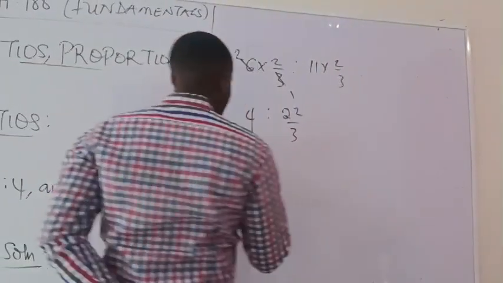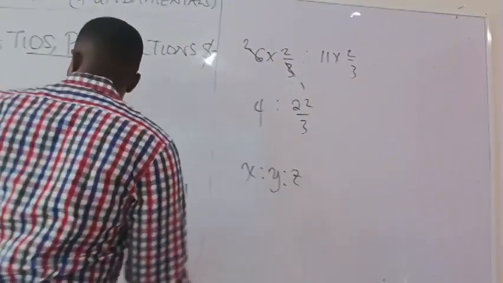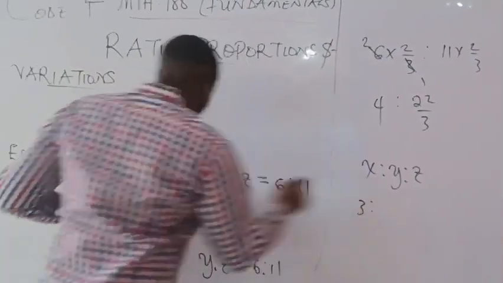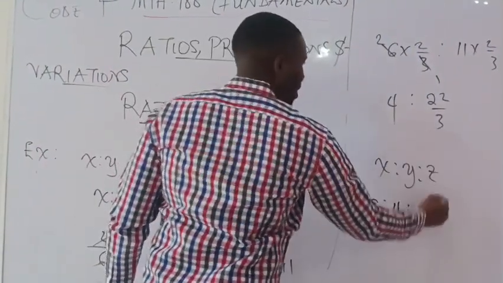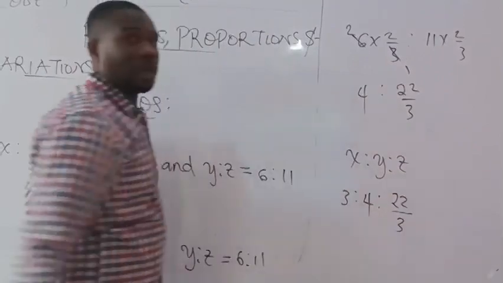So the ratio x to y to z would be x is a 3 here, and y is now the same 4 in both pairs of ratio, and z is 22/3.